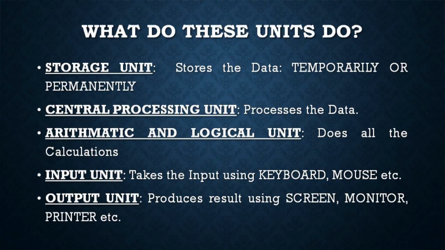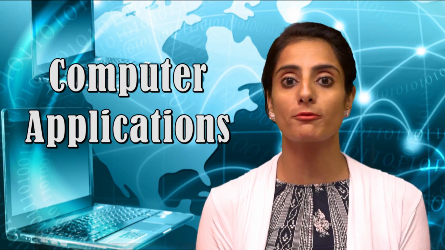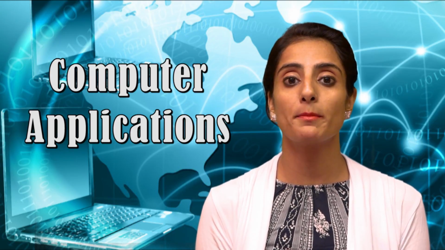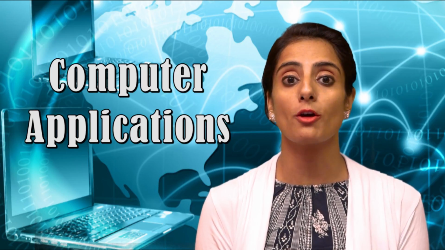We can do it using a keyboard, a mouse, etc., which we will study in detail later on. The output unit basically produces the output, that is the final result, to the user via a screen or a printer, etc.